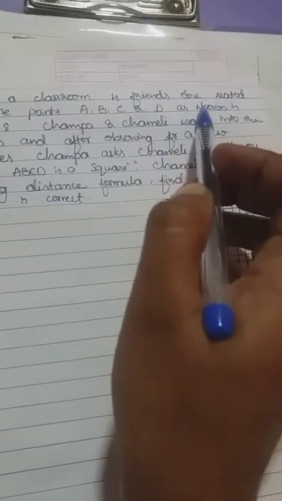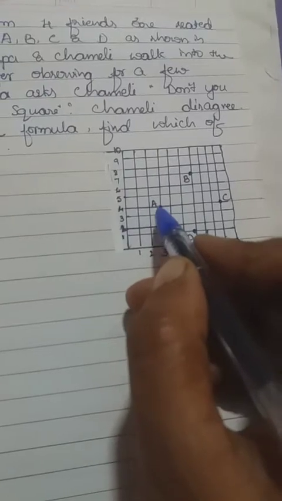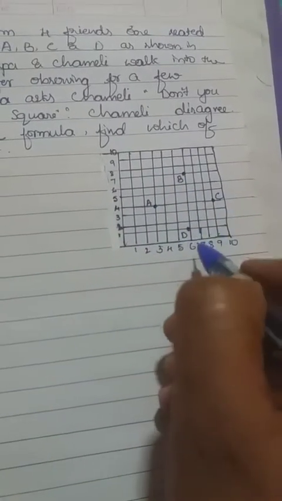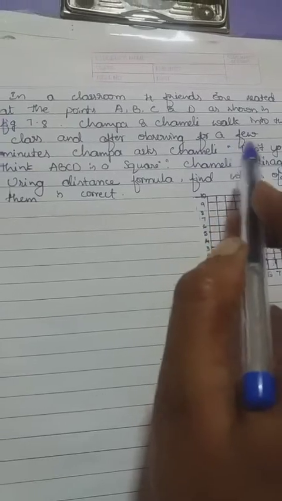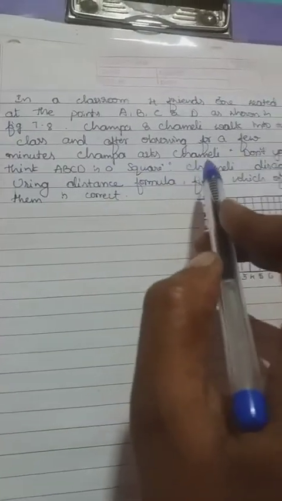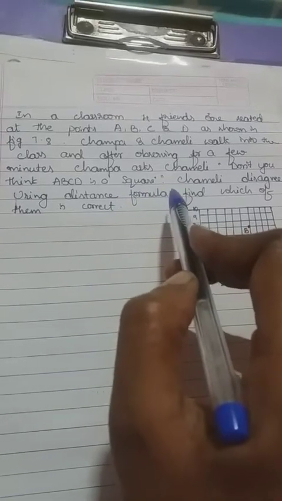In that exercise: in a classroom, four friends are seated at the points A, B, C, D. I think you can see the points A, B, C and D. They are sitting at the points. Champa and Chameli walk into the class and after observing for a few minutes, Champa asks Chameli, "Don't you think ABCD is a square?"